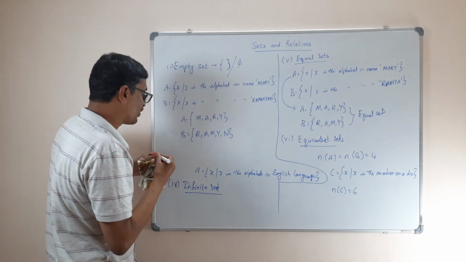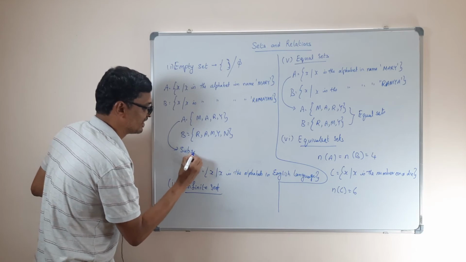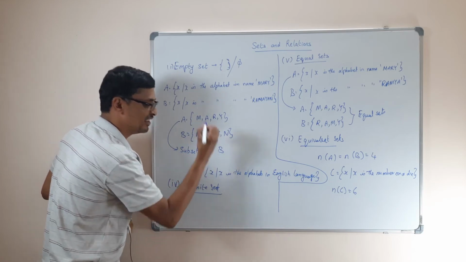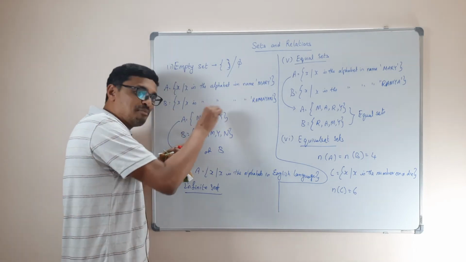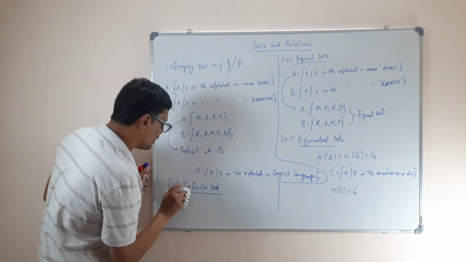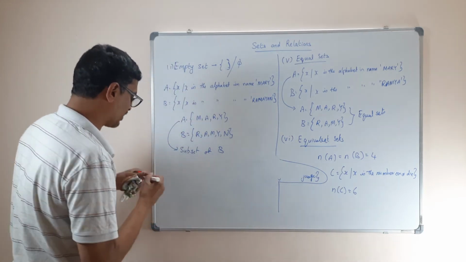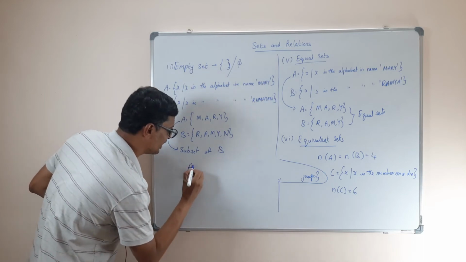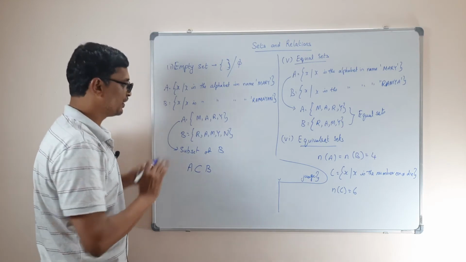So then I will call A a subset of B, because A is formed by picking the elements from B. It may not be all the elements, right?